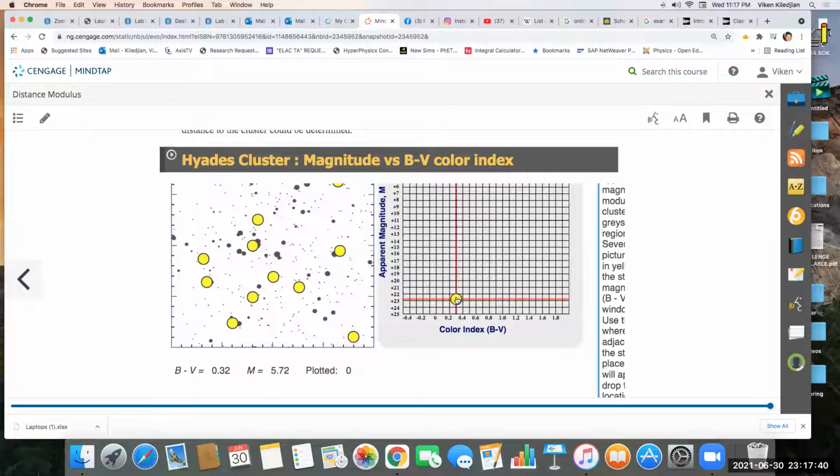So 0.32 is going to be somewhere here. And the apparent luminosity 5.72. The smaller that number, the apparent luminosity, that means the brighter it appears. 5.72 is an okay bright looking star, but you need a telescope to be able to see it. So then let's go up all the way to, oops.